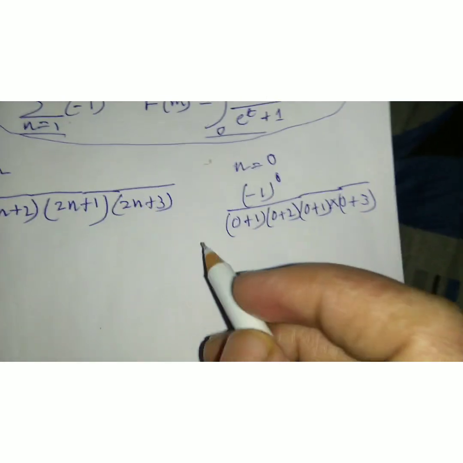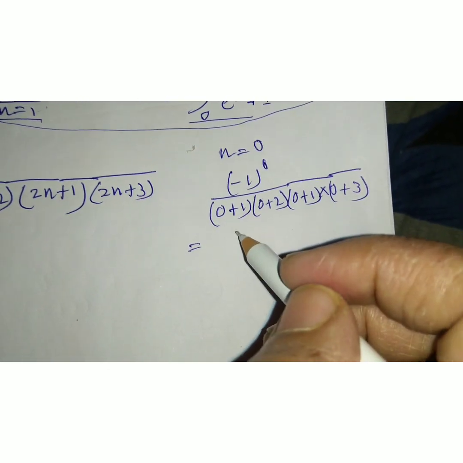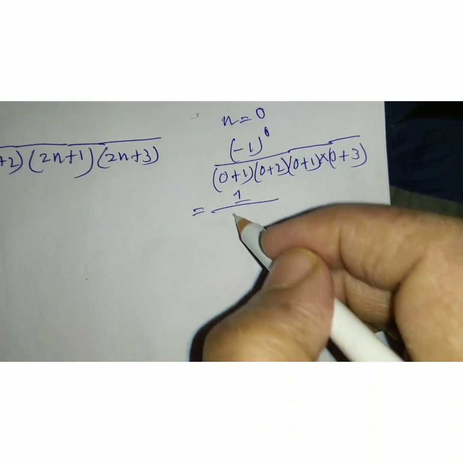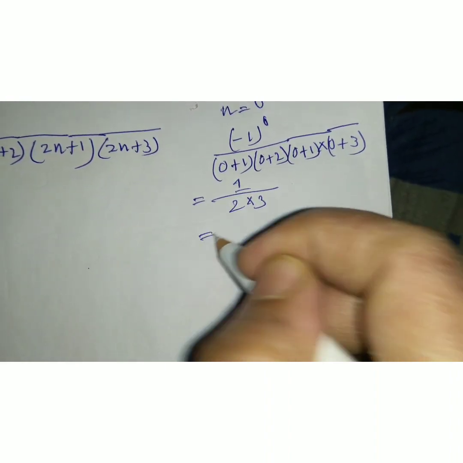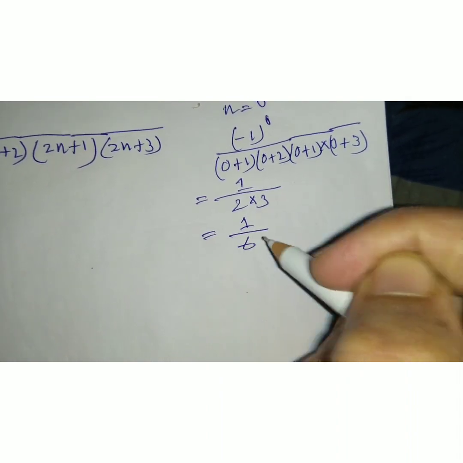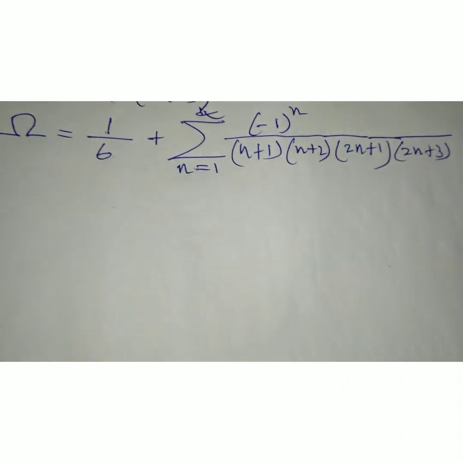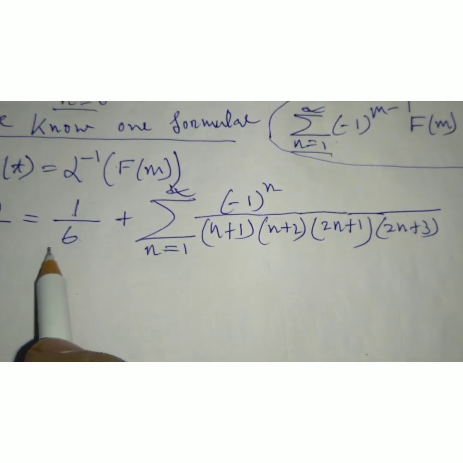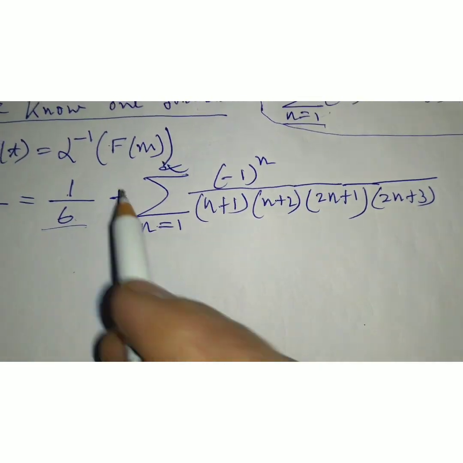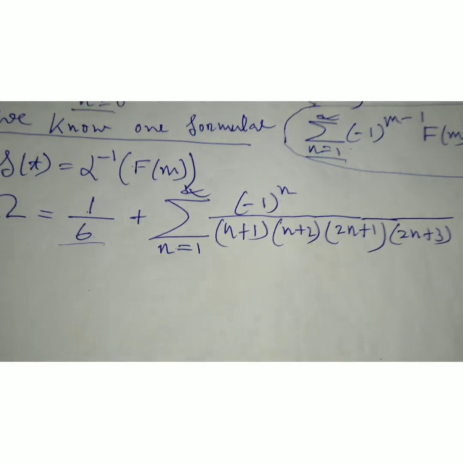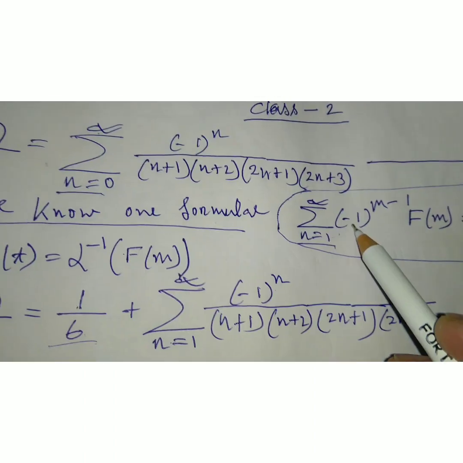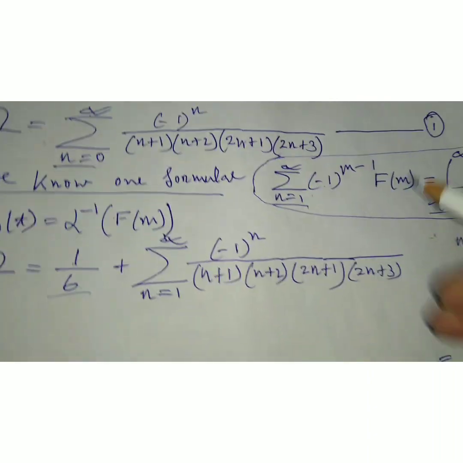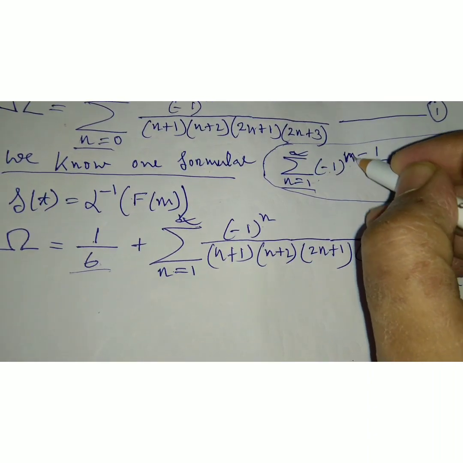You will get minus 1 to the power 0 means 1, into 2 into 3, which is equal to 1 by 6. I hope it is clear how 1 by 6 is coming. But I have to write minus 1 to the power n minus 1 term.